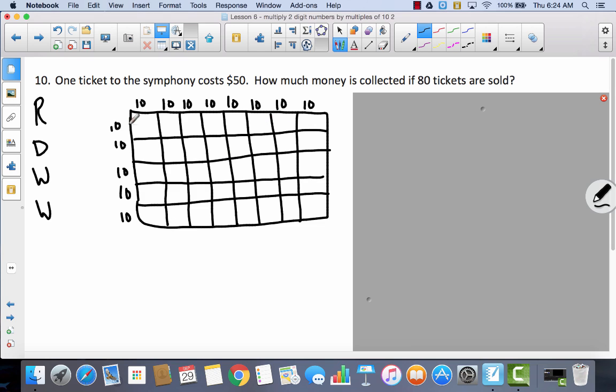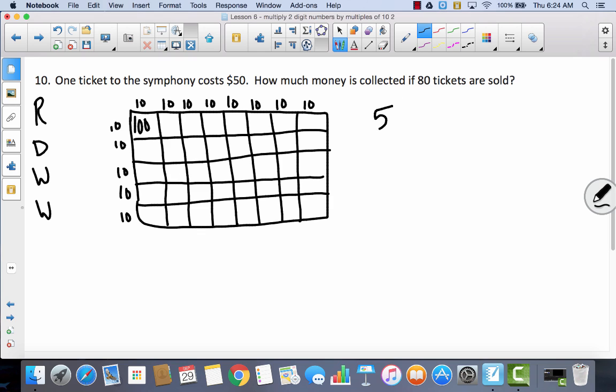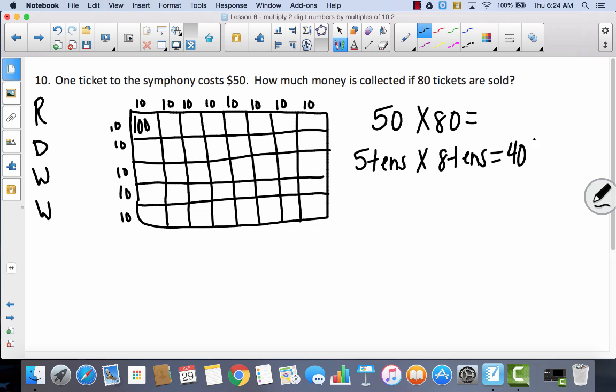So each of these boxes would have a value of 100. I didn't write 100 inside each of those, but that would be 50 times 80, or 50 80 times, which is the same thing as 5 tens times 8 tens, which is equal to 40 hundredths. And if you didn't know 5 times 8, you could count by fives 8 times, or you could count the boxes. So 40 hundredths is equal to 4,000.